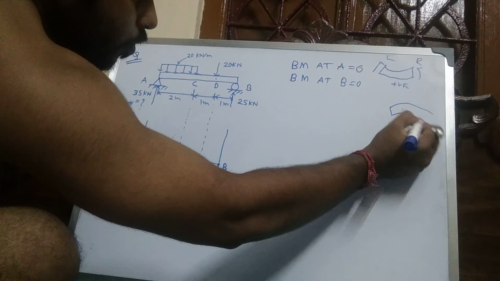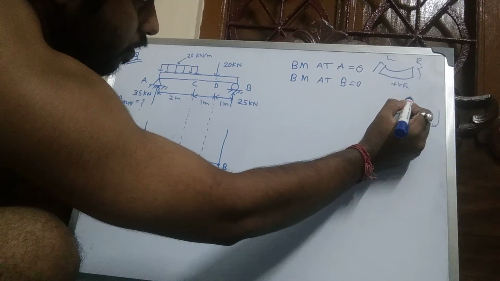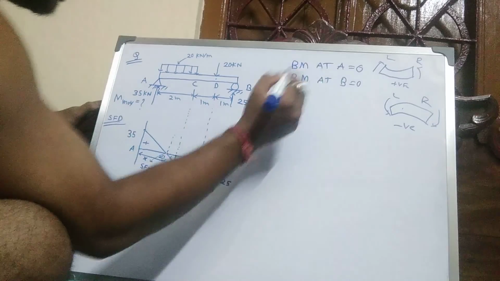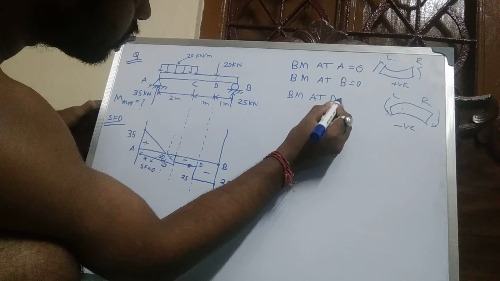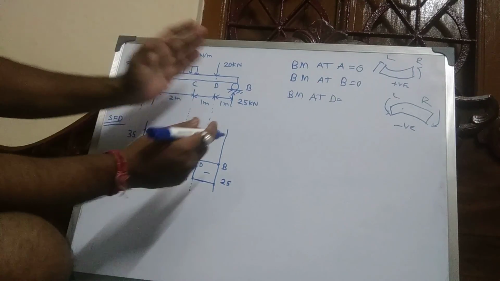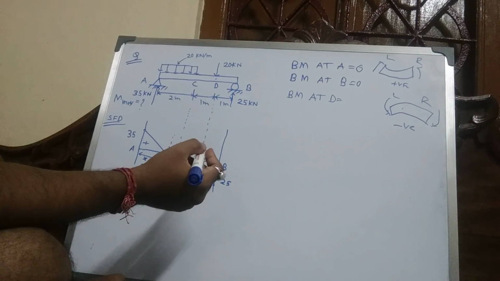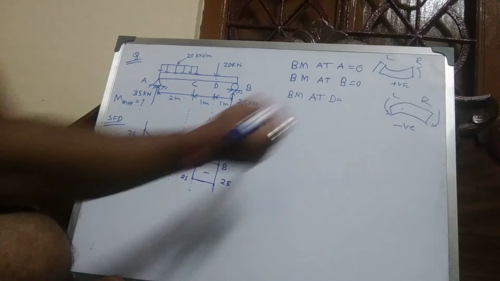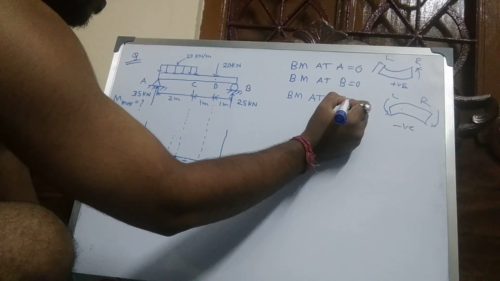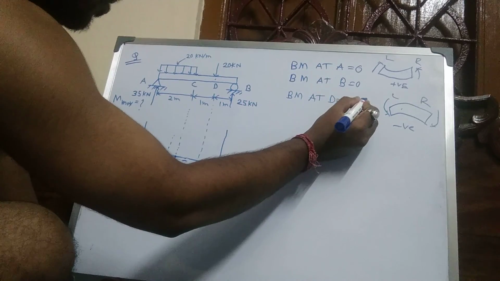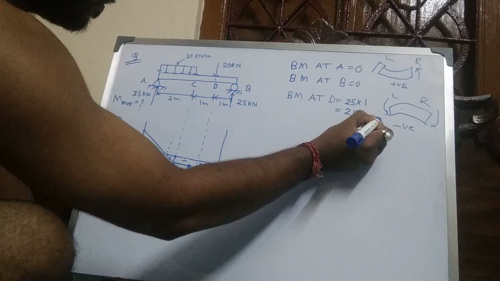This is counterclockwise, negative, left side. Bending moment at D: from the right side, counterclockwise is positive, so force 25 into distance 1 meter, 25 kilonewton meter.